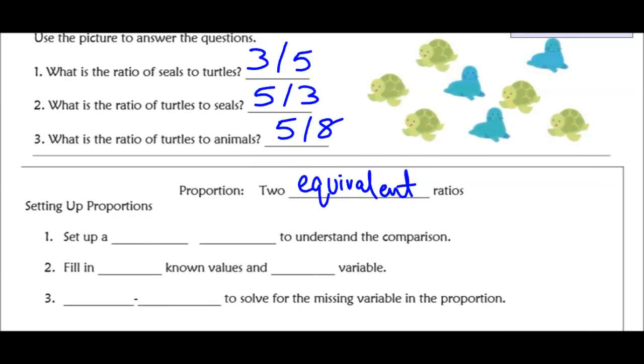Let's say we're talking about 3 seals to 5 turtles. And then I say in a zoo, we have 500 turtles. So there's 500 turtles. We're trying to think about 2 equal ratios. Well, if there's 500 turtles and they're equal ratios, that means there's going to be 300 seals.